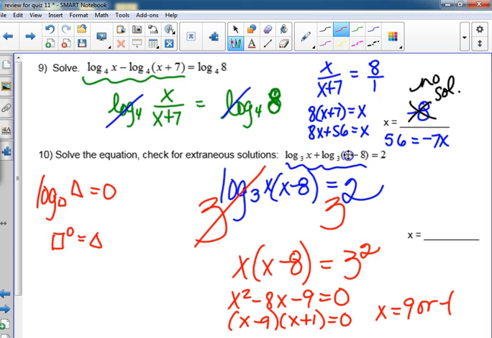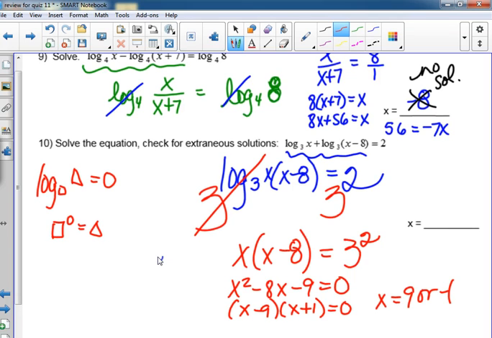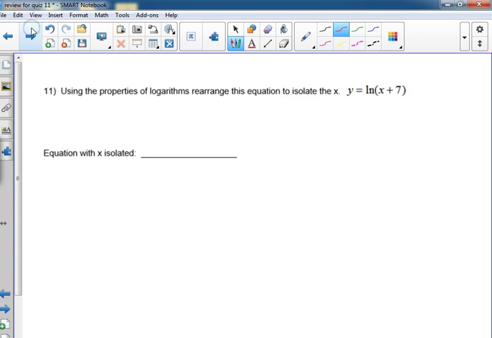Log of 9 and log of 9 minus 8, which is 1. Your calculators are able to do log base 3 if you wanted to type it in and check it. You could also graph it to check it. Okay, but you need to show work. Are we good on the difference between those two? You guys are scaring me over there. Are you okay?